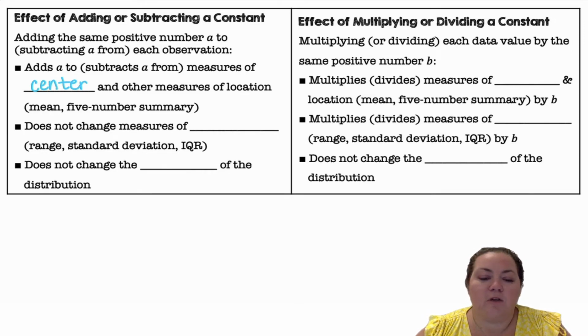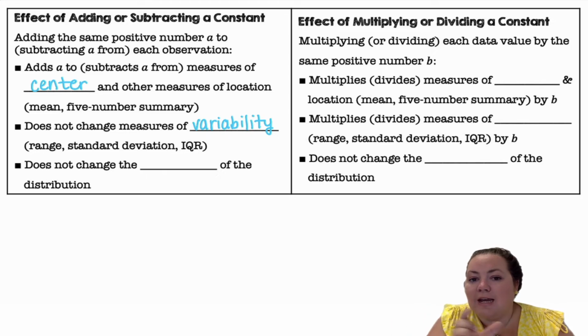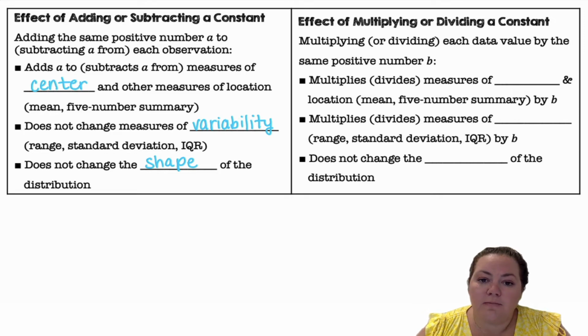All right, so the mean, the 5-number summary values, quartiles, the median, the minimum, the maximum, those values are all going to increase or decrease by that constant. It does not change the measures of variability, so range, standard deviation, and interquartile range, okay, because all I'm doing is just sliding everything over. It does not change the shape of the distribution. All right, so if it was skewed right before, it's going to stay skewed right.